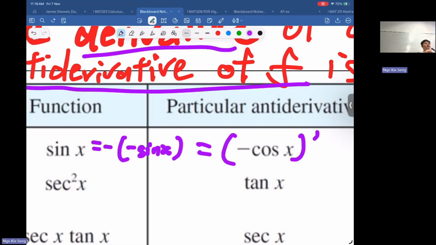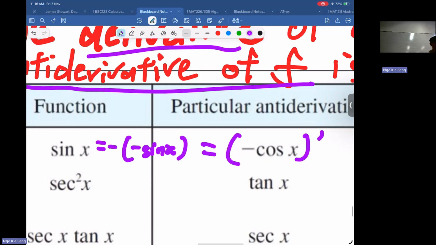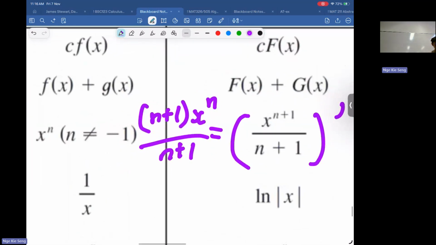Okay, so why is it opposite? Because you should think of it as the opposite operation of derivative. Correct or not? If you look at this example here, instead of multiplying by the powers, you are dividing by the powers. When you go from x to the n to x to the n plus 1 over n plus 1, you add 1 to the power and then divide by the new power.